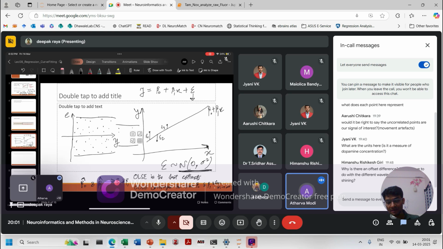But if it is normally distributed, then it is close to the noise that you can get. Basically, it is the noise of the system itself. You can't do anything about it. This is basically this epsilon. Epsilon is normal about 0 comma sigma square.